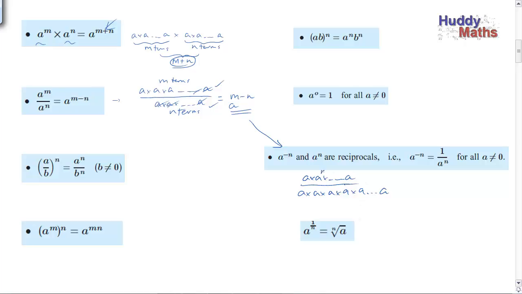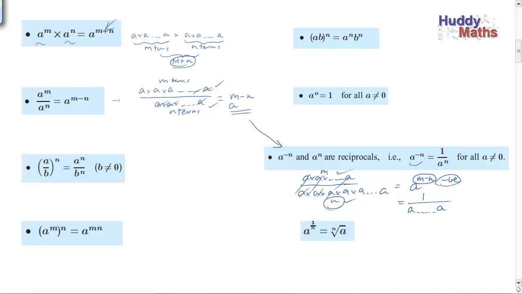So there'll be m terms here and n here. And when we cancel them out, let's say there's more of these. So it'll be a to a power here, m take n, but that will be negative, won't it? Because n was bigger than m. So what you'll have is a negative power means you've got a residual number of a's in the bottom line. That's where that rule comes from.